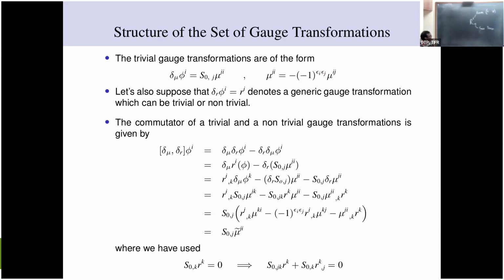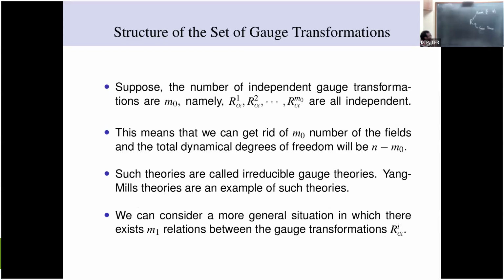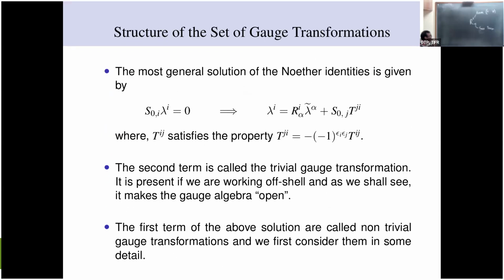Trivial means proportional to the equation of motion, so on shell it vanishes. So let's see what the commutator is between this trivial and some generic one. I mean, we had two terms, right? This is not proportional to the equation of motion.